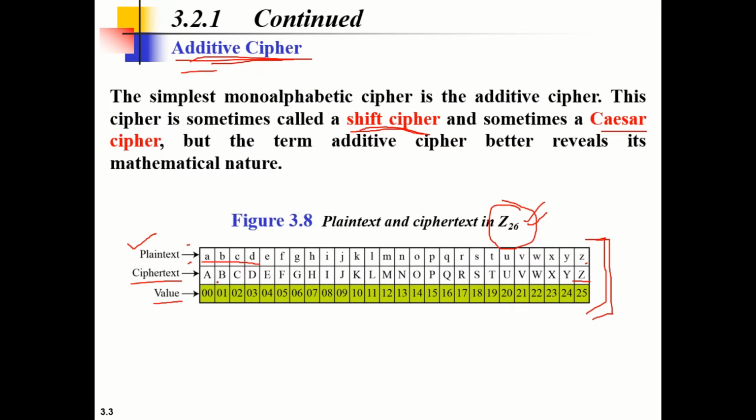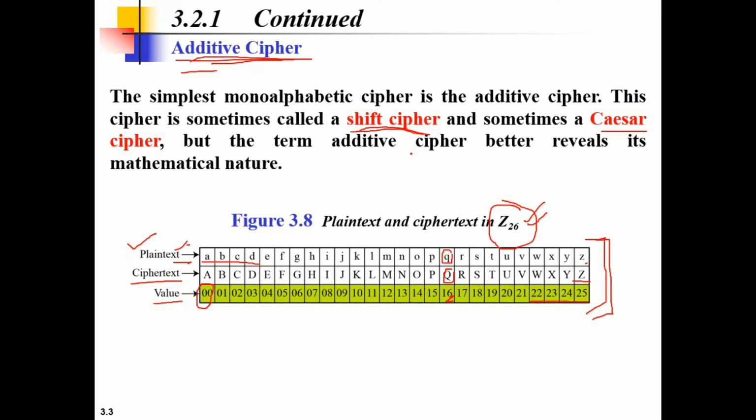So I can say that the value for small a and capital A is 00, or the value for say small q and capital Q is 16. We will be using these values and their corresponding plain text and cipher text values for encrypting the message. How do we do that? We will talk about it now.